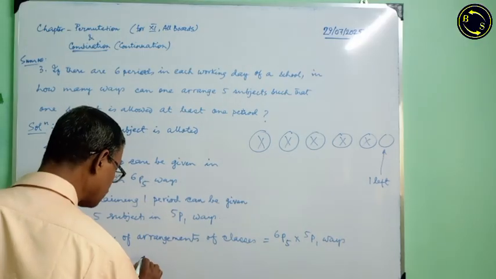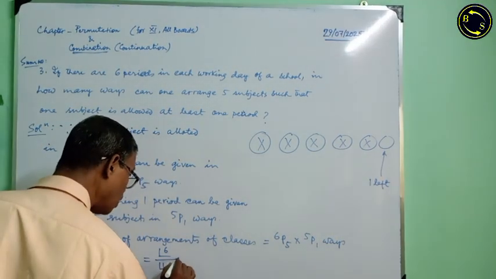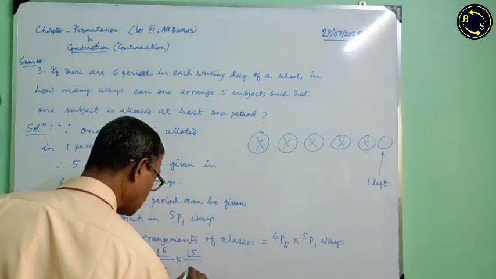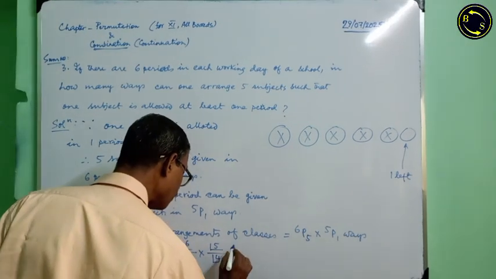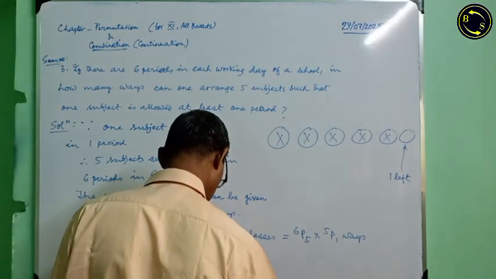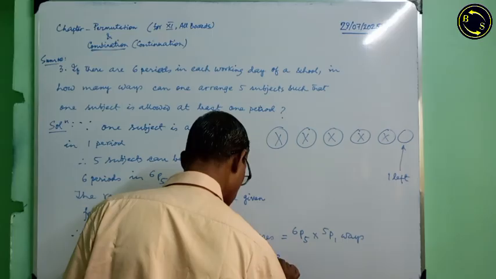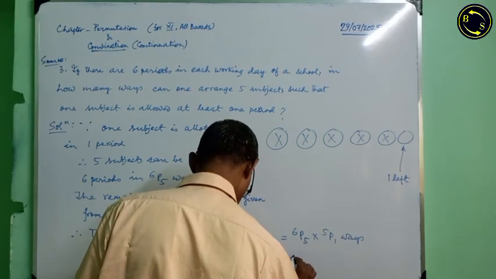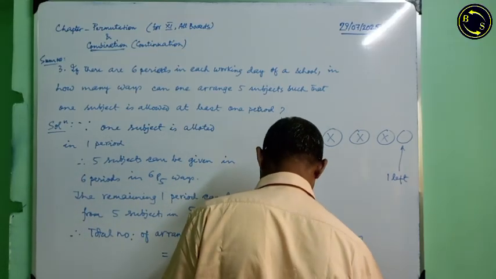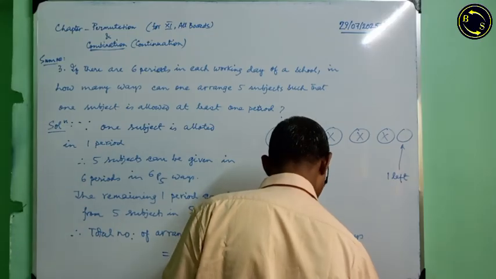Now we calculate that: factorial 6 by factorial 1 into factorial 5 by factorial 4. Six into 5 into 4 into 3 into 2 into 5. After calculation it will be 720 into 5.